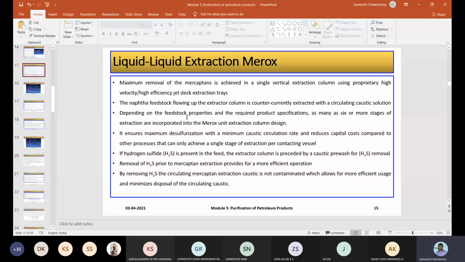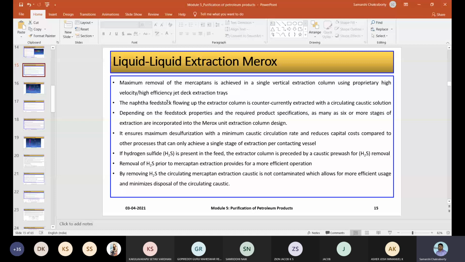Okay, so let me just go through with this slide, which is none other than explaining the process itself. Maximum removal of mercaptan is achieved in a single vertical extraction column using proprietary high velocity and high efficiency jet deck extraction trays. Proprietary means the details of this type of units are not going to be discussed in open literature, so you won't be able to find these details.